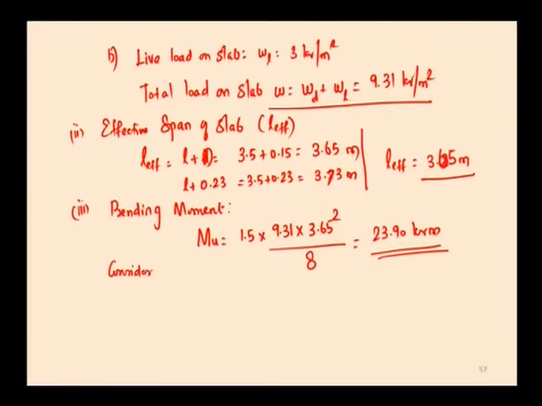This is the bending moment. While we find out the bending moment, I need to consider 1 meter width of the slab. By considering 1 meter width of the slab, I am going to find out the effective depth of the slab from the bending moment.